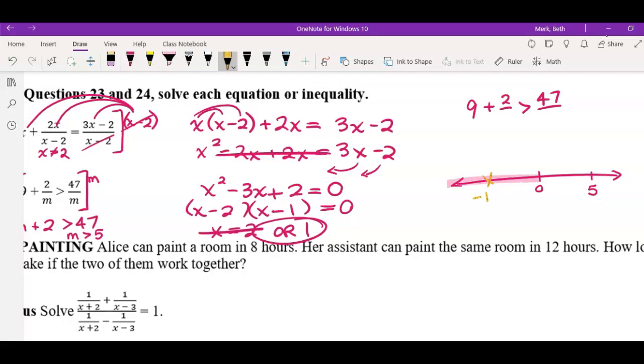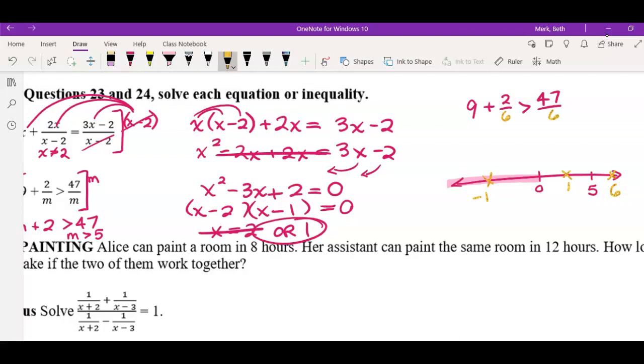Then I'm going to test with something in between 0 and 5, like 1. Is 11 greater than 47? No, it is not. And then finally, I test with a point somewhere above 5, like 10 or 6. It really doesn't matter what you choose, as long as it's bigger than 5.